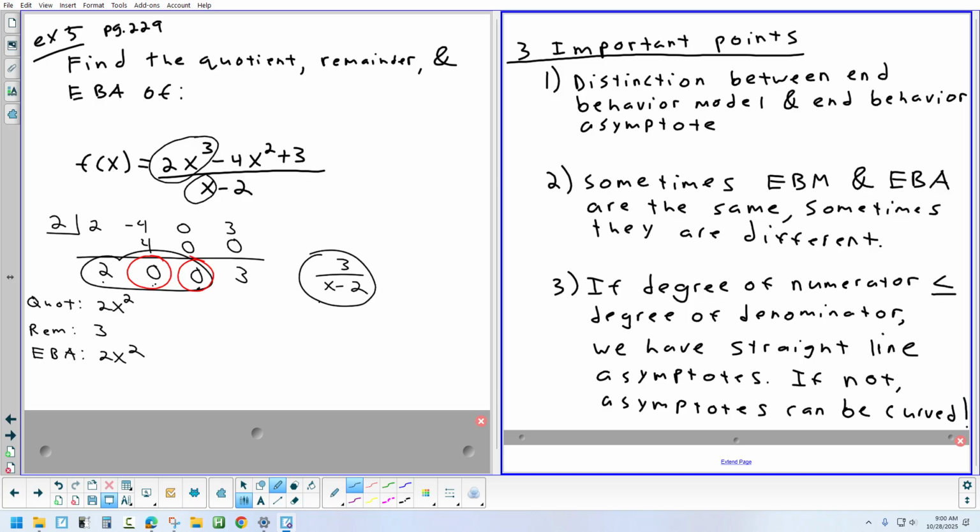What's the difference between the degree in the top and the bottom in that case? It's a difference of, yeah, 2. It's a difference of 2. The higher the difference, the more complicated it's going to be to sketch. Okay? This one's not bad because it's only a difference of 2. It'd be even simpler if it was only a difference of 1, but it's not, it's a difference of 2. Okay, so I would expect to see something with differences of 1 or 2, where the top is bigger.